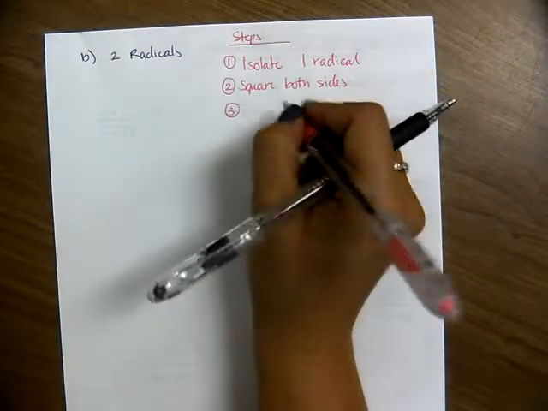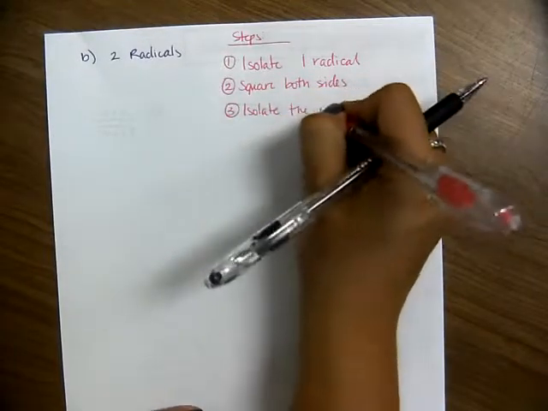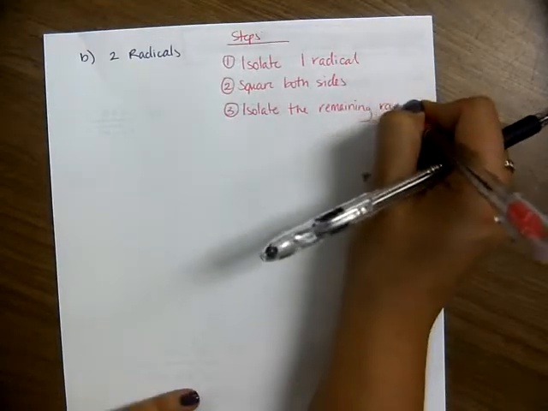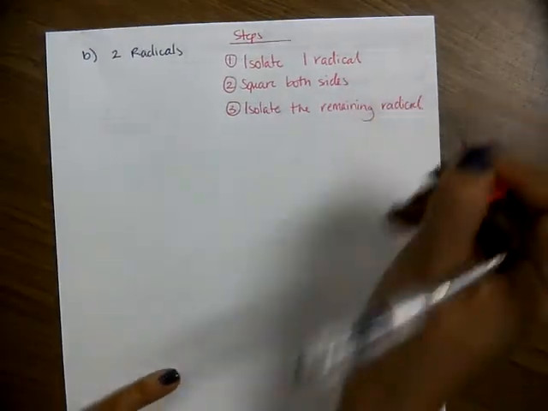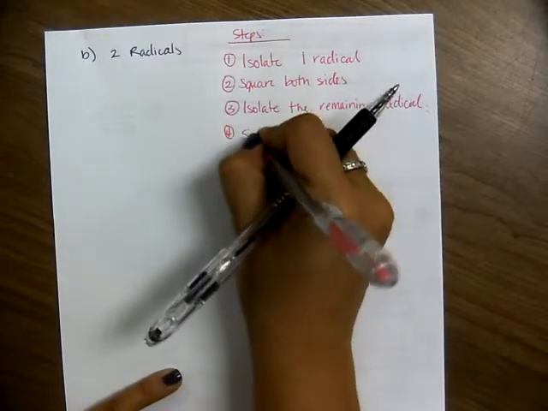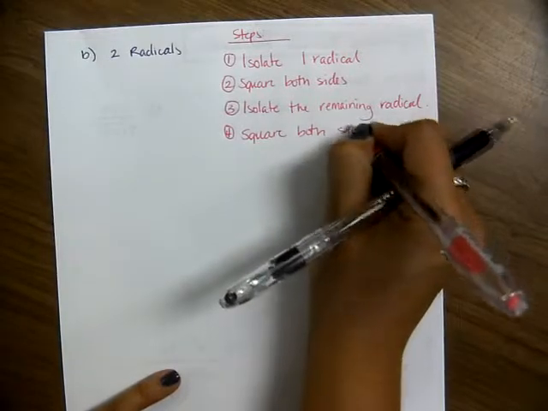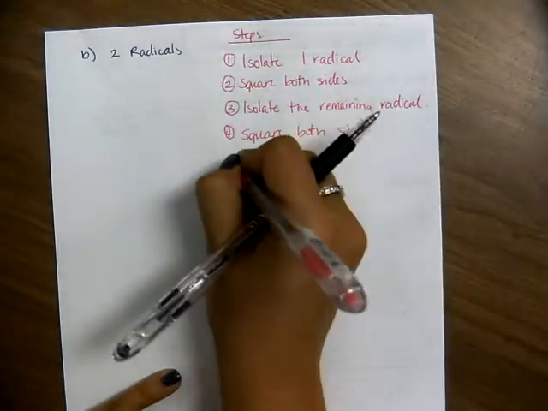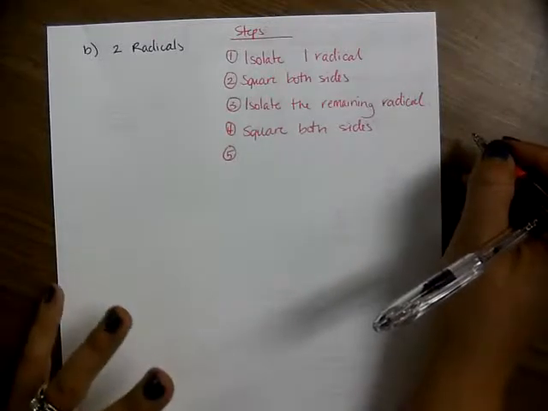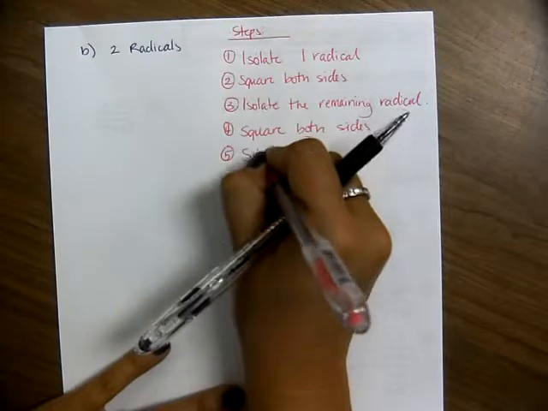You have to isolate it again. So isolate the remaining radical. Step 4, you have to again square both sides. Once you do that, finally you will have both of your radicals gone, and then you can just solve and check.